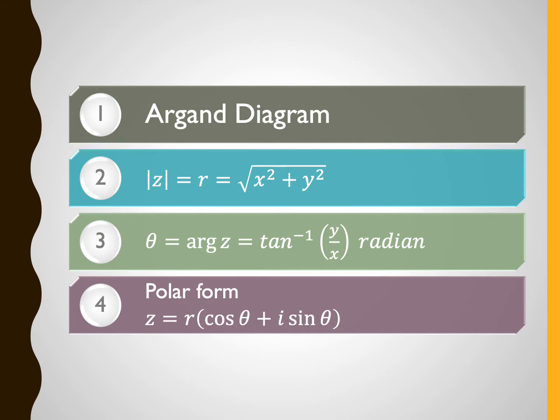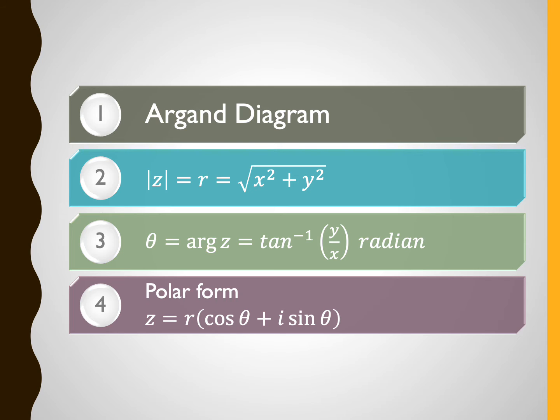In today's lesson we are emphasizing 4 important points. First one, Argand diagram. A complex number z equal to x plus iy can be represented geometrically by a point in the Argand diagram, where the real part is represented by the x-axis and the imaginary part is represented by the y-axis.